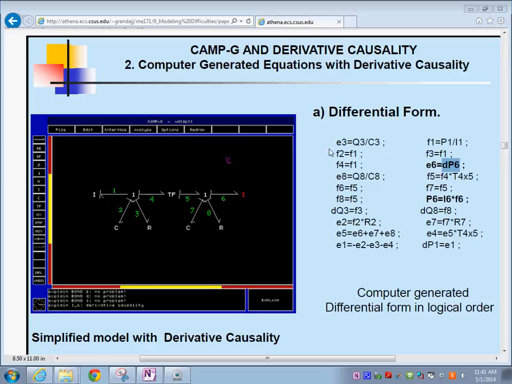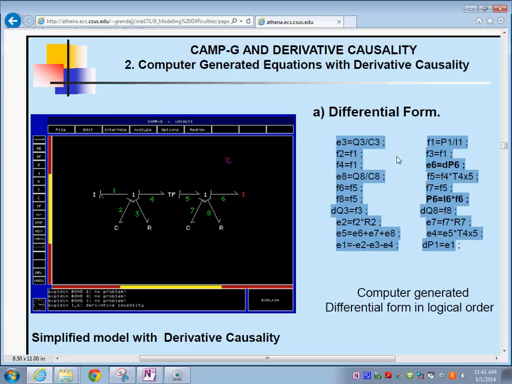You can ask by going to the file and then producing the records and the files that come out naturally from a bond graph model, and the CAMG will produce the equations like this, as you see in here. The difference between these equations and the ones that normally don't have derivative causality is that you have this derivative on the right hand side, as you see.